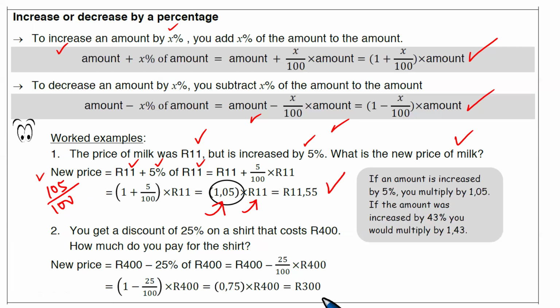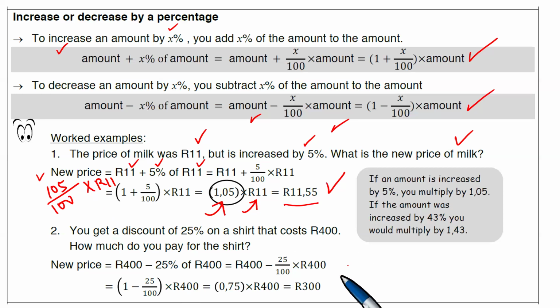If you say 105 divided by 100, you can take the 11 rand, multiply 105 times 11, and whatever you get, you divide by 100 by moving the decimal place. I know you can do that one.